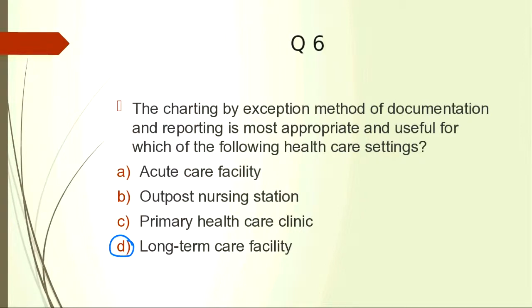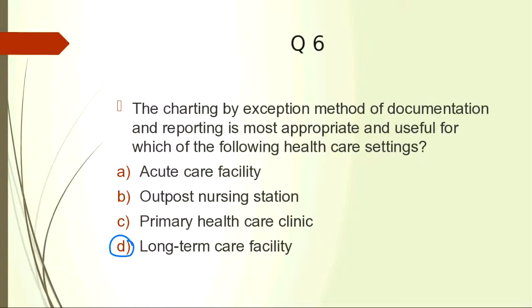Because with sorting by exception, we are documenting something abnormal or a significant finding, anything that is an exception to the norm. And you will see that mostly in long-term care. In the long-term care facility, more or less it's a chronic condition. What's happening every day is more or less the same, unless something comes up. So this is what we call sorting by exception.